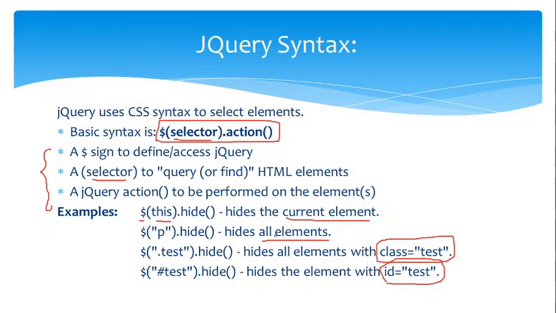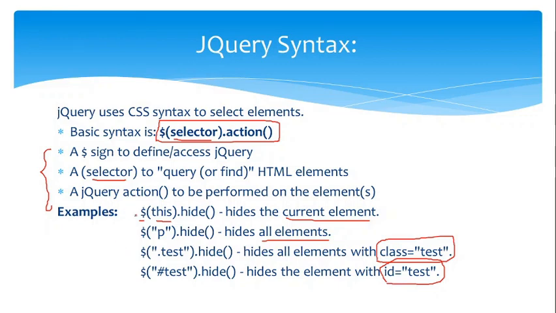With p dot hide, wherever the paragraph tag is there, all those elements will be hidden. With dot test, wherever this test class is used, that will be hidden. Hash test is an id; wherever the id is test, that will be hidden. So this is a simple example for this given syntax.